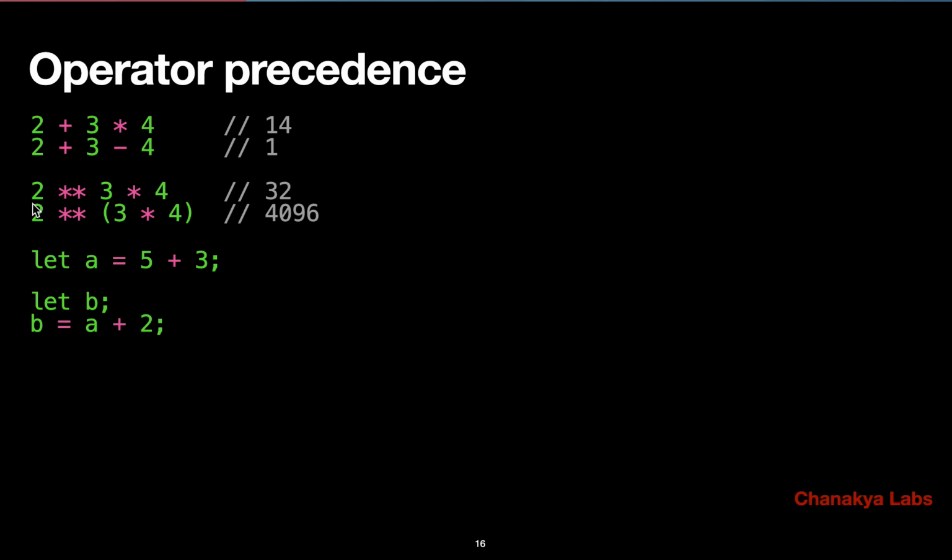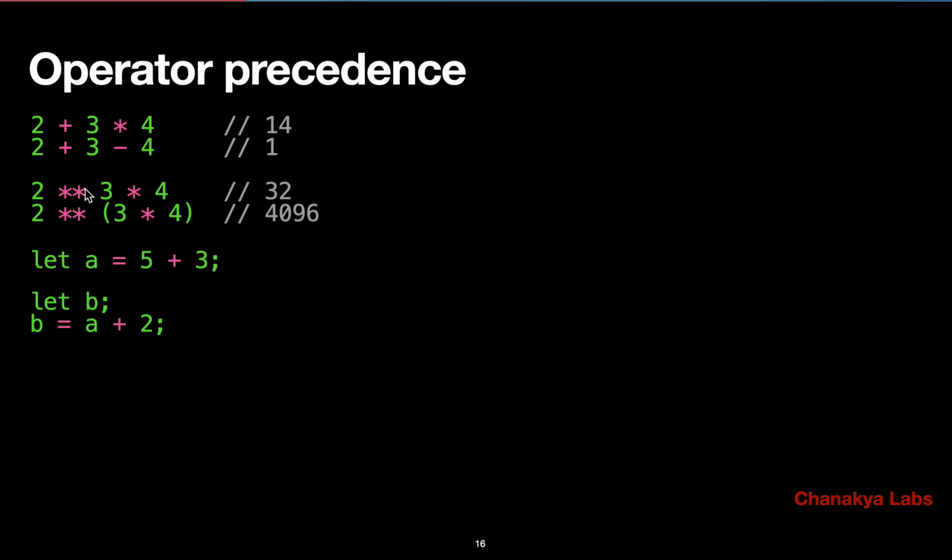Are we going to do 2 raised to the power 3 and multiply the result with 4, or firstly do 3 into 4 and then 2 raised to the power of that result, 12? So what is the exact answer? As we can see, we have to have a precedence: when multiple operators are involved, what is the order in which they are executed?